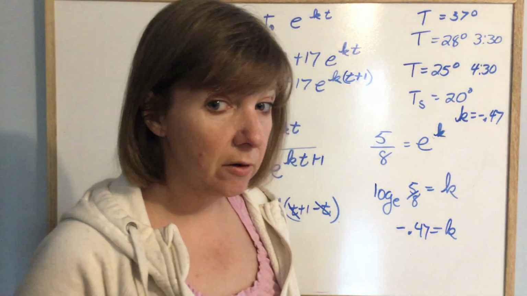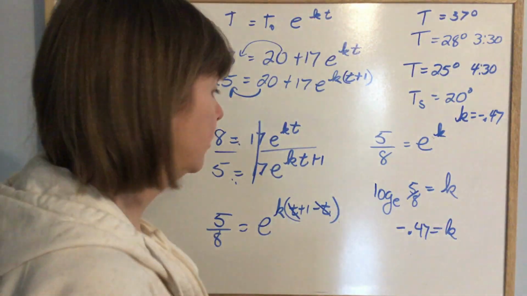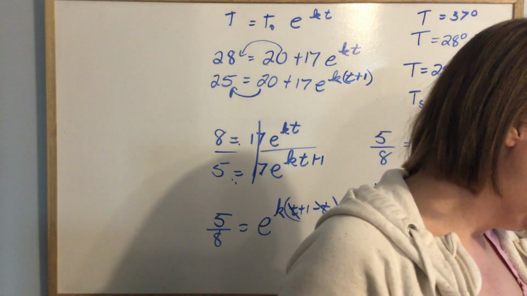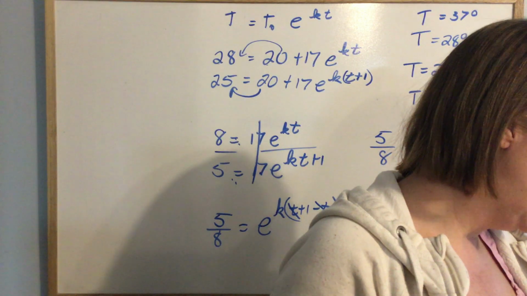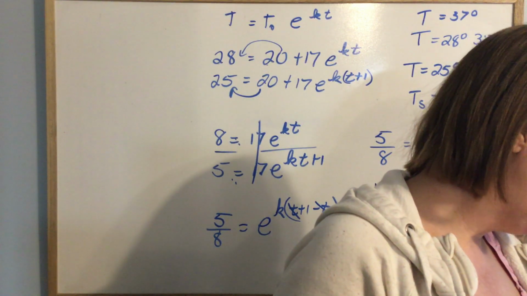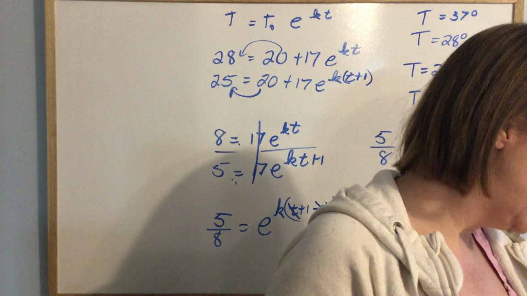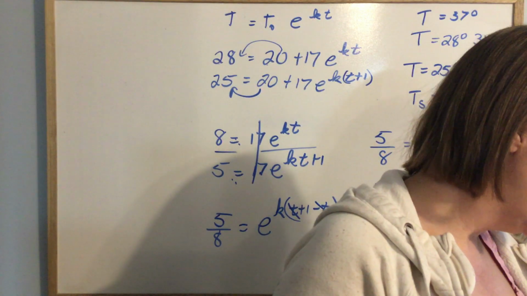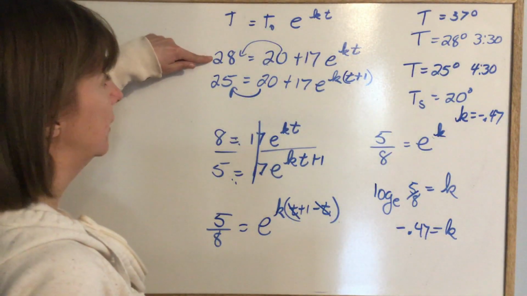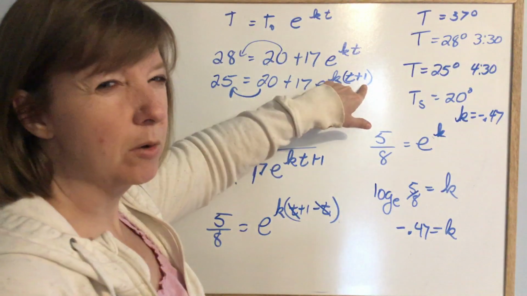Because we've just figured out a piece of information. Remember, what we're trying to figure out is, when did this guy die? That's what we're trying to figure out. So finally now, we find the value of t at 3:30 by substituting the value 28 for T. So we're going to go back to here, because this one has t plus 1, which is a pain.